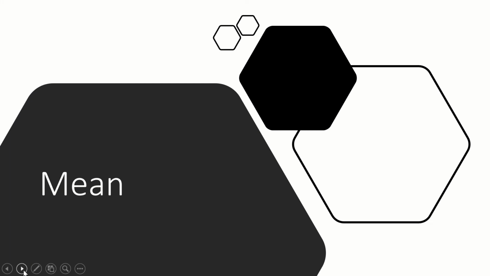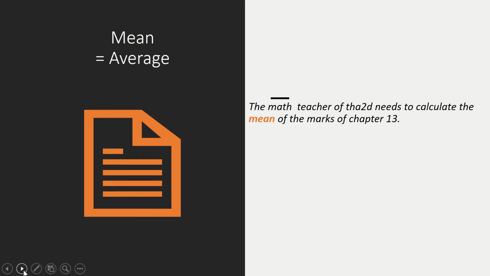So first let's have a look at the mean. A different word for mean is average. So imagine there's a math teacher and he or she wants to calculate the mean of the marks of chapter 13.